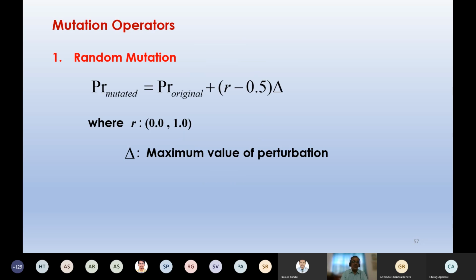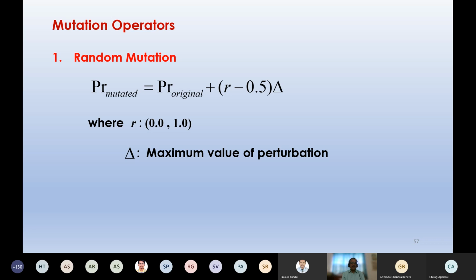Now I'm going to use the mutation operator. Using the mutation operator, how do we modify the solution so that it can come out of the local minima problem? If you see the literature, a number of mutation operators have been proposed for real coded GA.